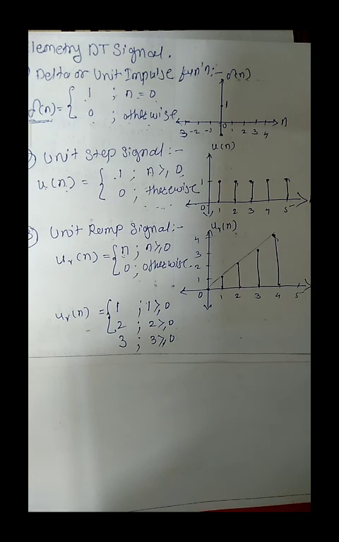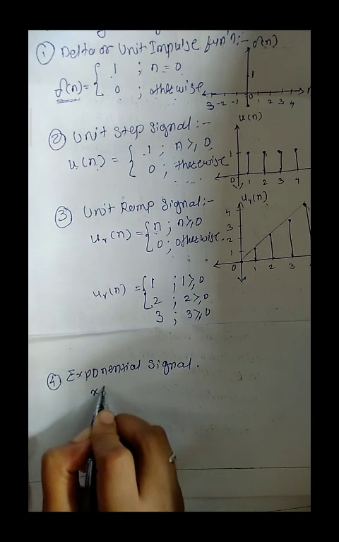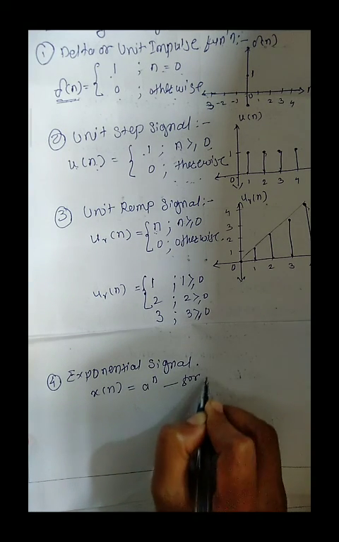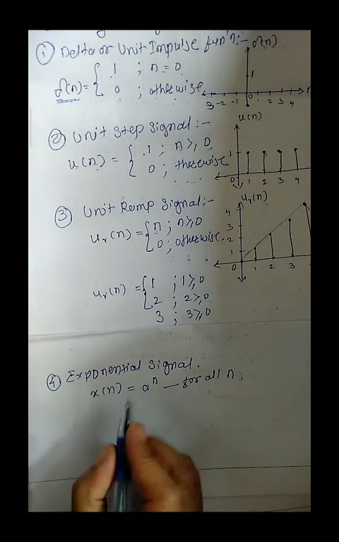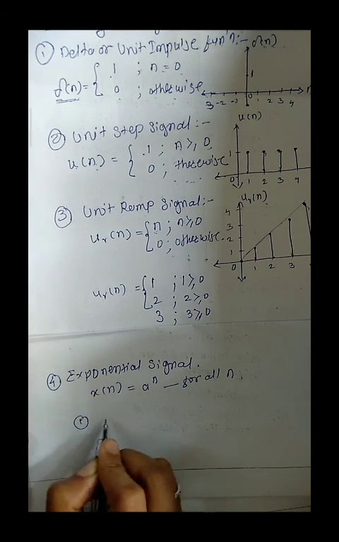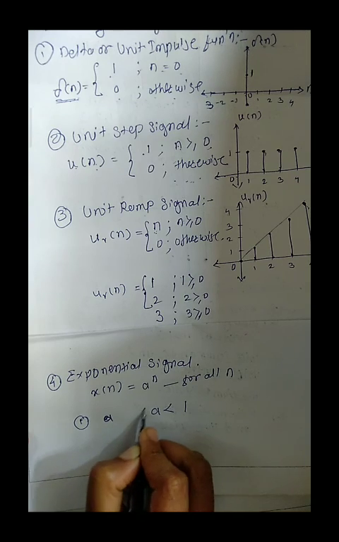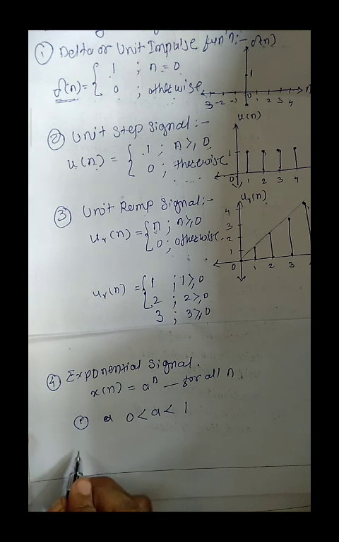The next is the exponential signal. For this exponential signal, the function x of n is equal to a raised to n for all n. Means what? Here the signal is incremented or decremented exponentially. Here there are 4 conditions for the exponential function. The first is a is less than 1 and greater than 0, that is, a is between 0 and 1.